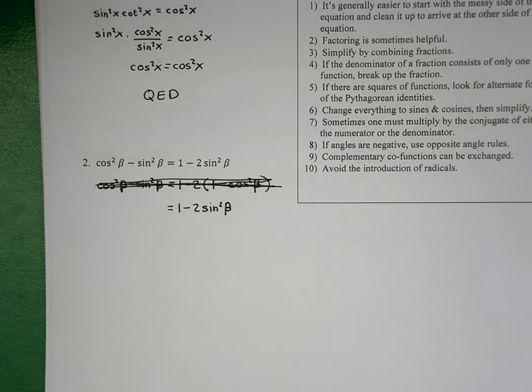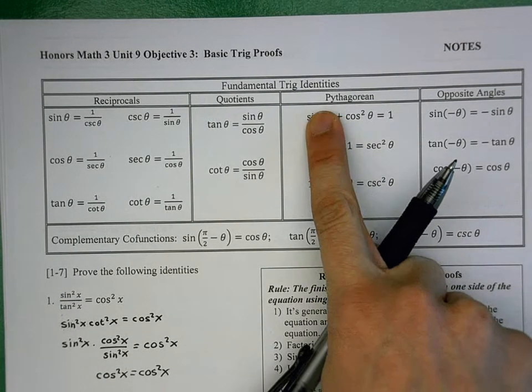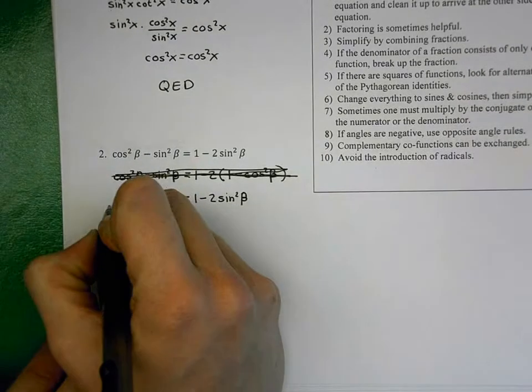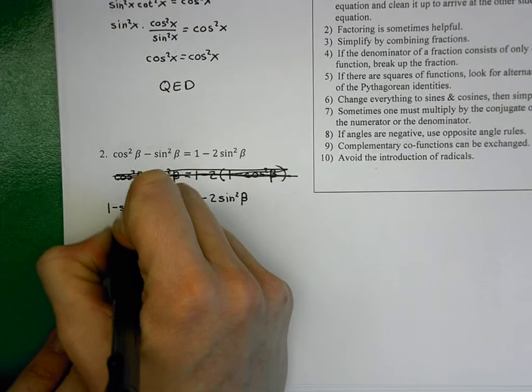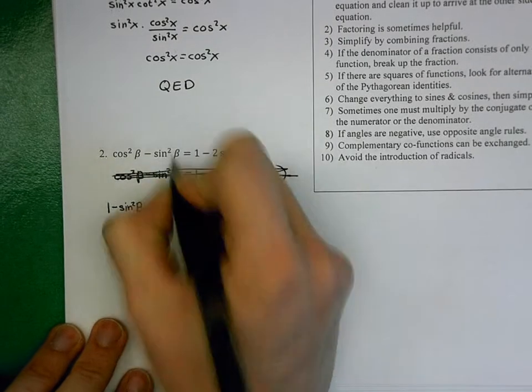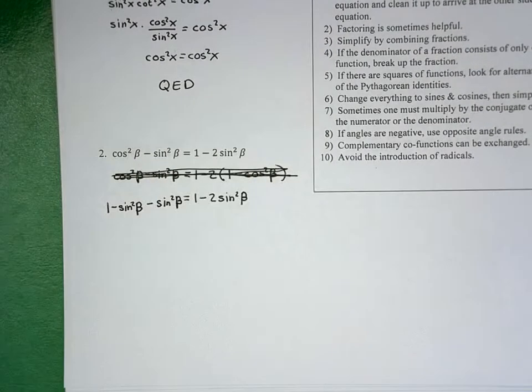What could I substitute into cosine squared? Okay, well, the Pythagorean identity says that cosine squared equals 1 minus sine squared. What if I plug in 1 minus sine squared beta into that cosine squared? And I'll leave this minus sine squared there. Does that allow me to do anything?